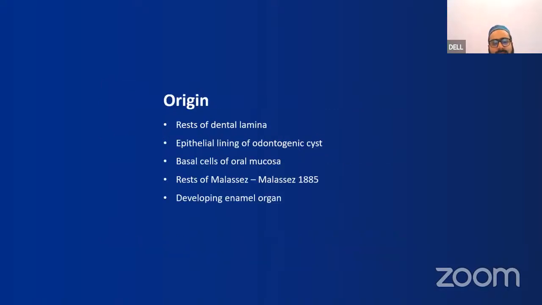Now, the origin of ameloblastoma: it can originate from the basal cells of the oral mucosa or the rests of dental lamina, or invagination of the lamina into the bone. If it occurs in the soft tissue as a peripheral ameloblastoma, again it originates from dental lamina rests or basal cells of the oral mucosa.